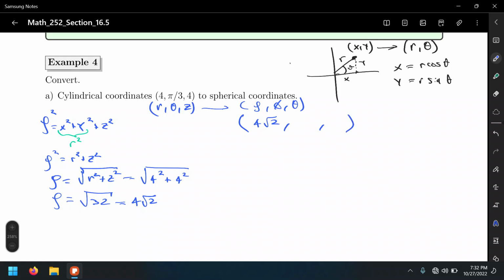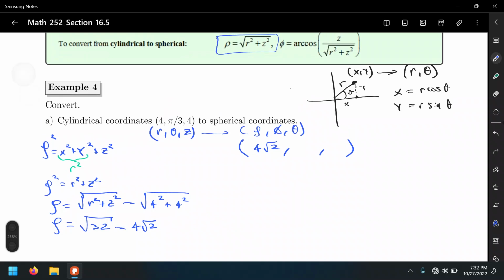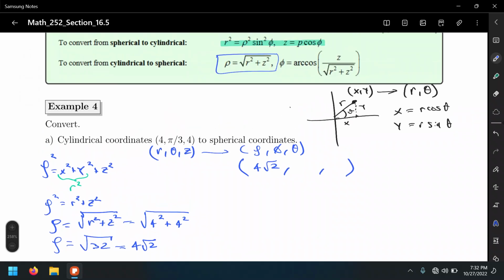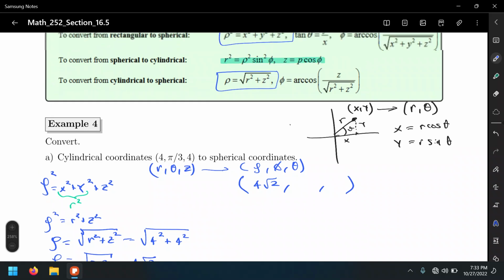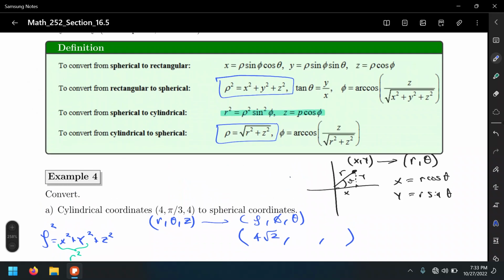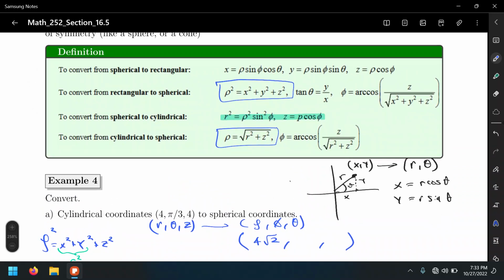To find the angle phi, we have a formula to get it. I didn't mention that it was the formula to get the angle, but we got it within the derivation of the other 3 formulas. In this case, z equals rho cosine phi.